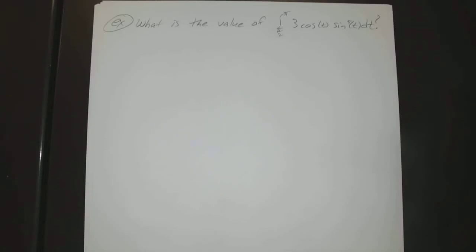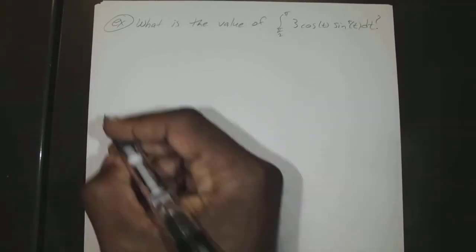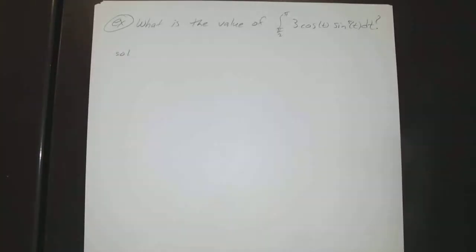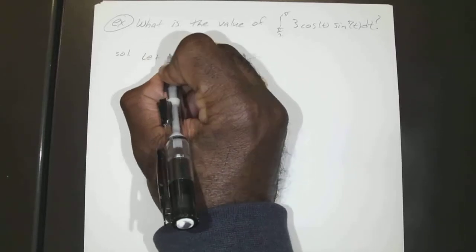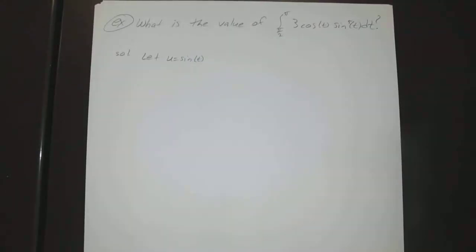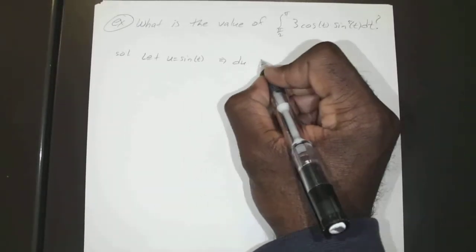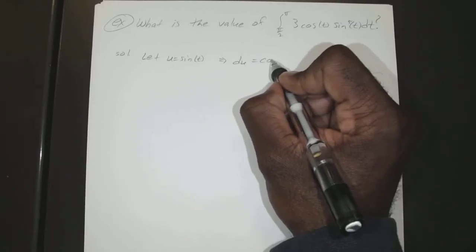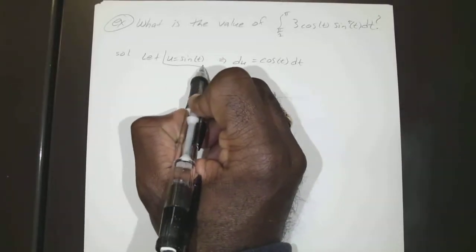Okay. So with this one, our sine has the highest exponent. So that means we're going to let u equal sine of t. Yep, so your du is cosine of t dt.